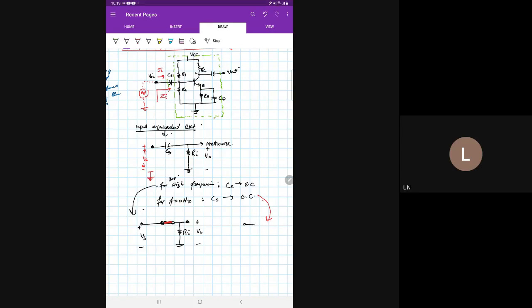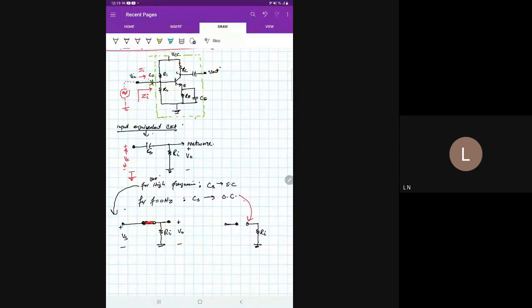We have a source, then CS will be open circuited, then we have the input resistance, and this is V output. This is the source voltage, but this will be an open circuit.